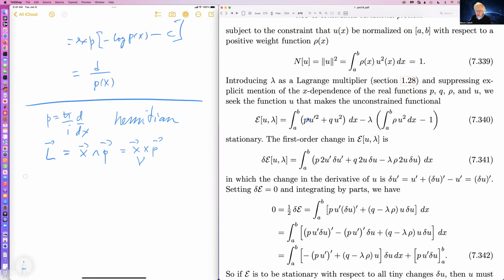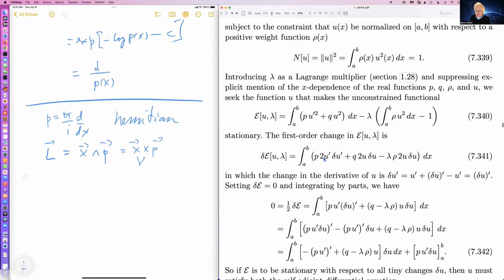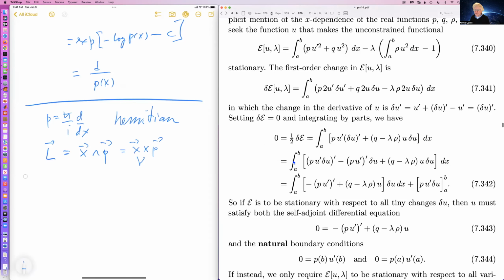And for the other one, the variation of script E is then this, where we're varying u not only here, but also in the Lagrange multiplier term. If we do that and integrate by parts twice, you've got to go through this yourselves and chug through that, you get this.